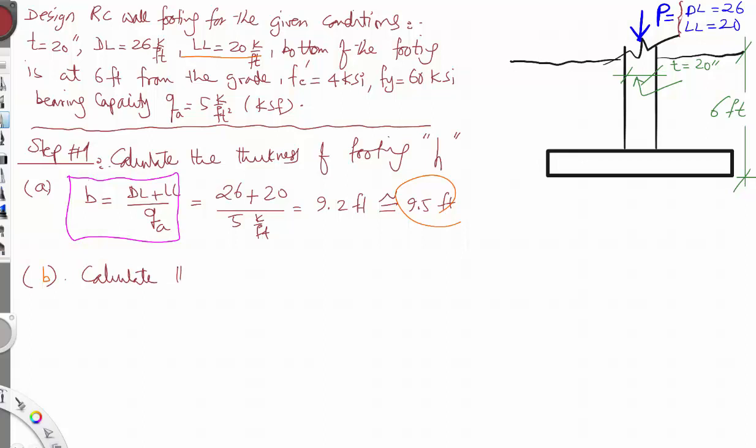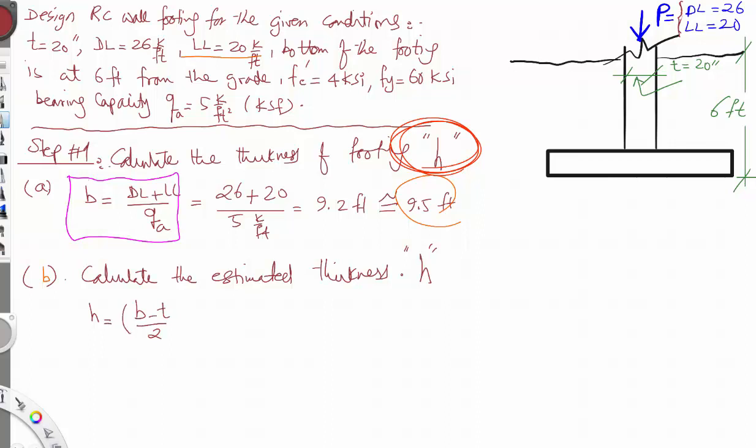Now the second step is to calculate the estimated thickness, which is H, because after all, this is what we're trying to do. The equation for H is equal to B minus T divided by 2 multiplied by half.